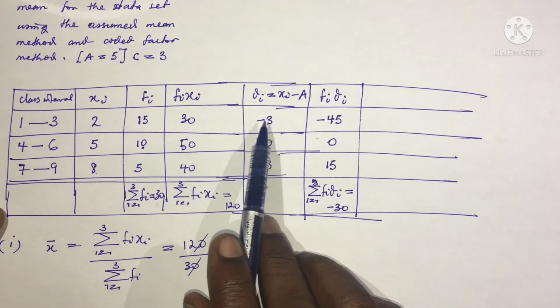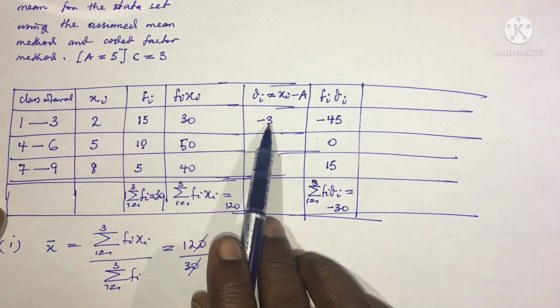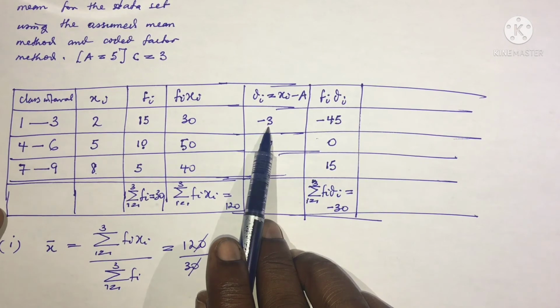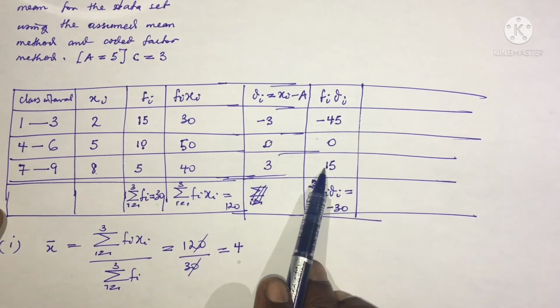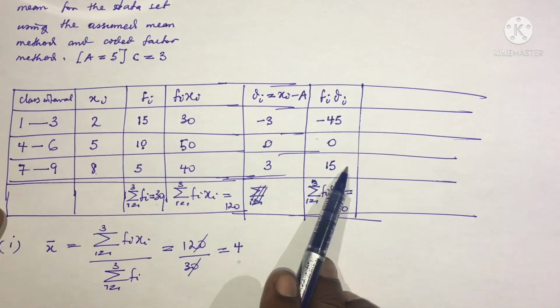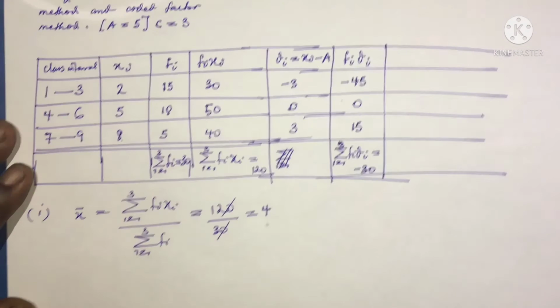So now the FiDi's we had to compute: that was 15 times minus 3 giving us minus 45. 10 times 0 giving us 0. 5 times 3 giving us 15. So now let's come over to II.